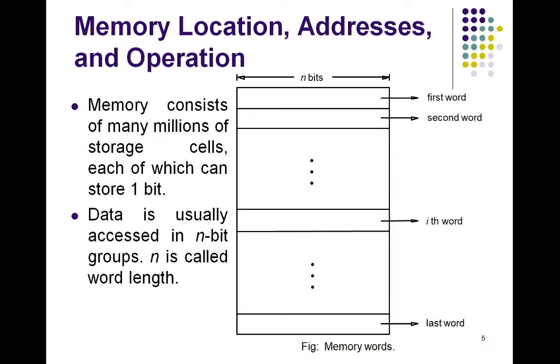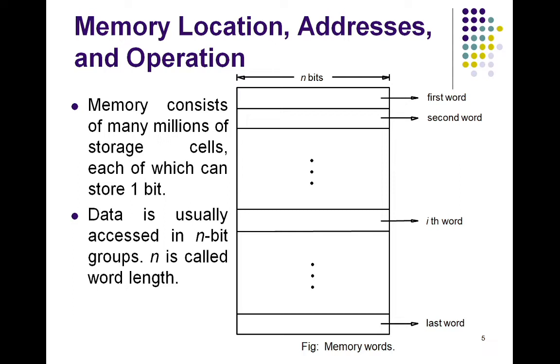Here a single bit represents a very small amount of information. The bits are not handled individually. The usual approach is to deal with these bits in groups of a fixed size. Here you can say that these bits are stored in terms of groups, where the group size is fixed.